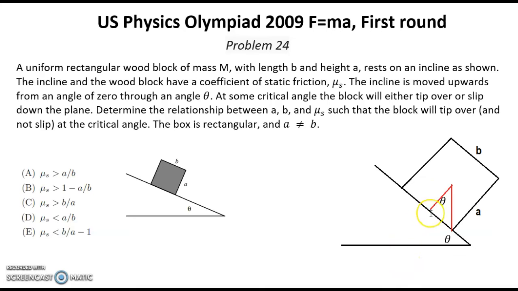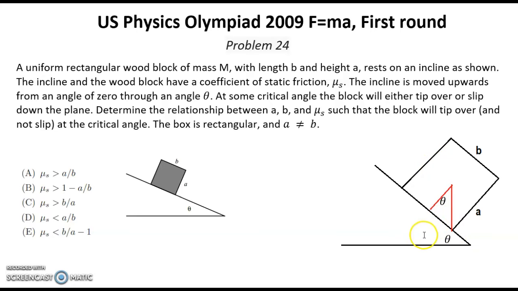And also it is a critical position because we have a center of gravity, which is the center of mass, and the vertical line going through this center of mass goes exactly through one corner of this block. It means that after it moves a little bit further, it will tip over because there is no support from the base of this block.